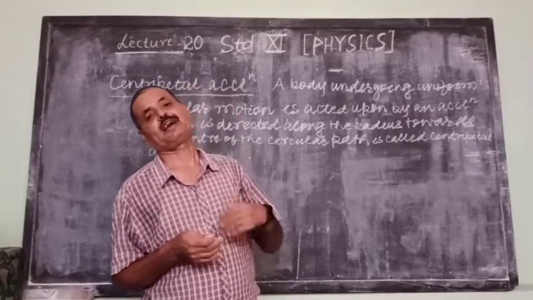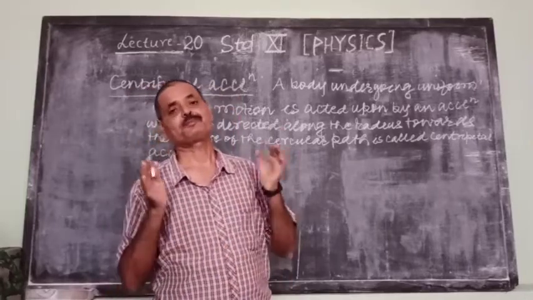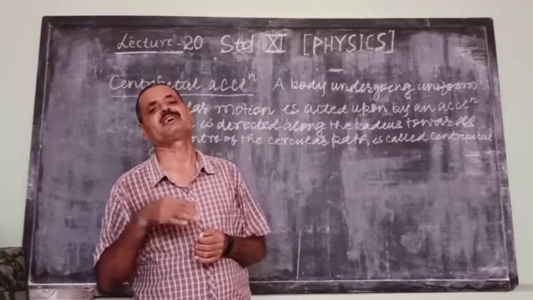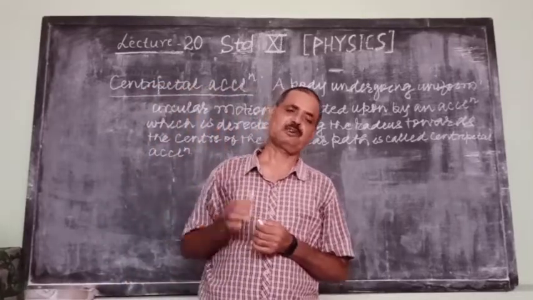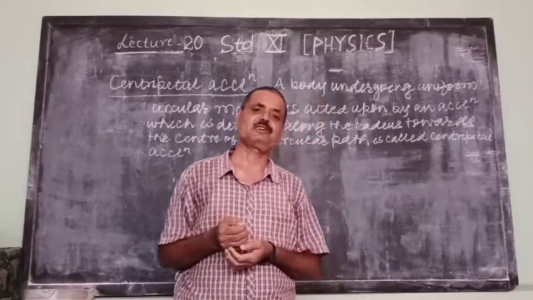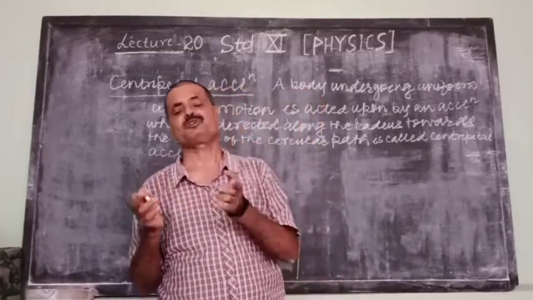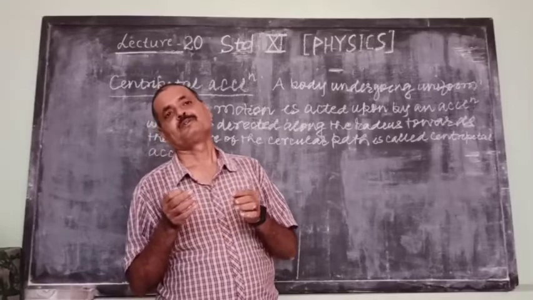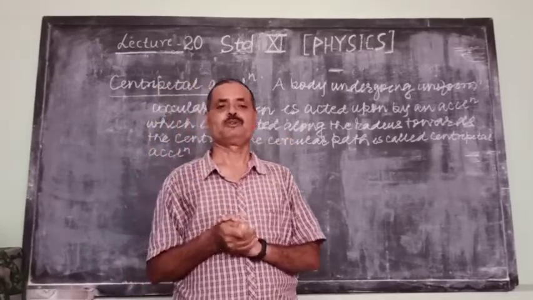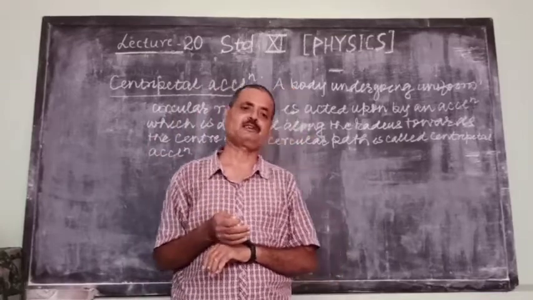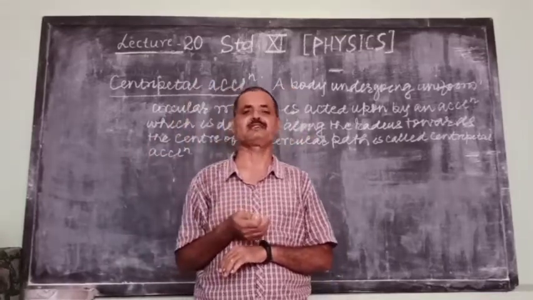Now we will calculate the value of centripetal acceleration and then the value of centripetal force. So this was the definition of centripetal acceleration. Whenever a question is asked in the exam to obtain an expression for centripetal force, first of all we will calculate the value of centripetal acceleration.